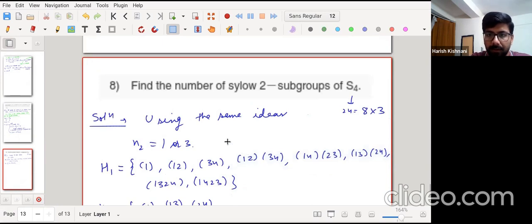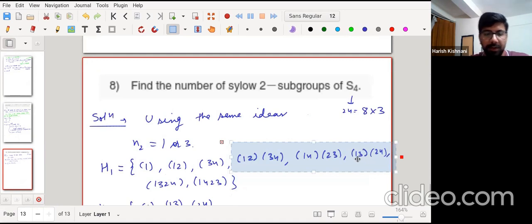Just copy and paste it. Oh, oh, oh. Is the screen visible? I somehow lost it. It just got closed.